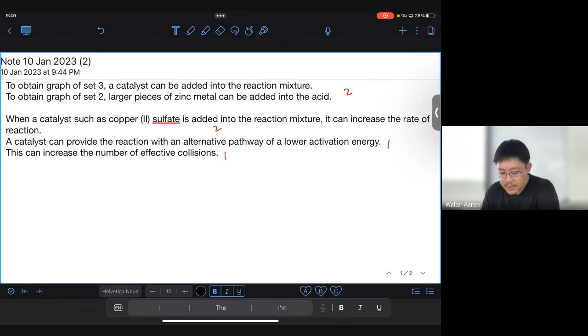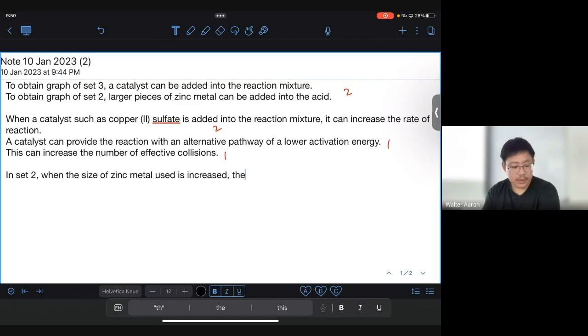So you say here, in set 2, when the size of zinc metal used is increased, the total surface area for the acid to react decreases.